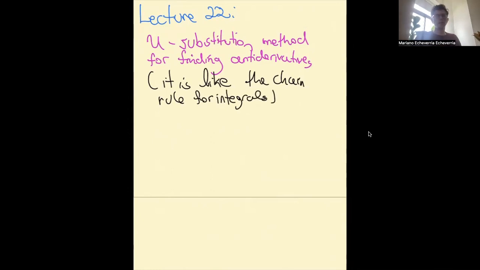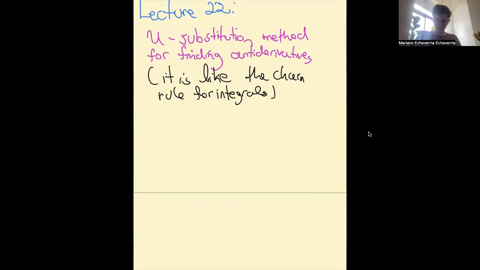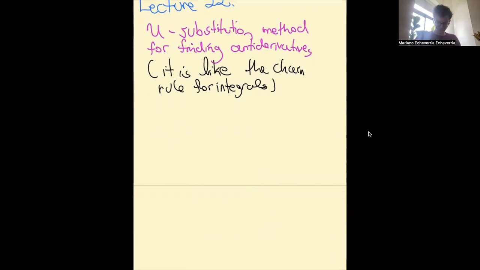So the idea is that when you were doing the chain rule, you would introduce a change of variables, which we typically called u. Now you're going to call this change of variables u again. It's basically two steps.